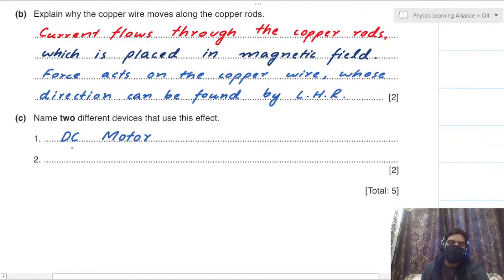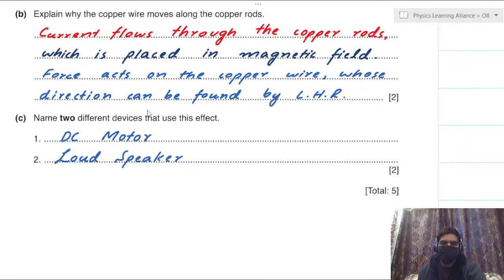DC motor and loudspeaker as well. Let's move on to the next one.